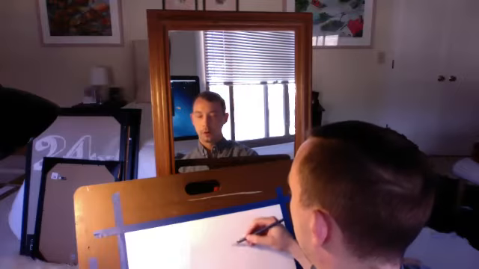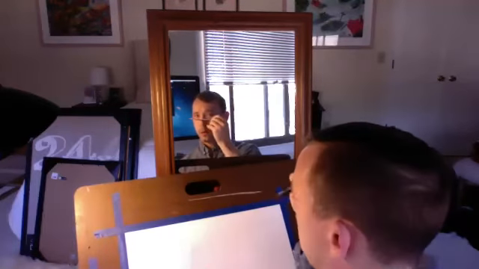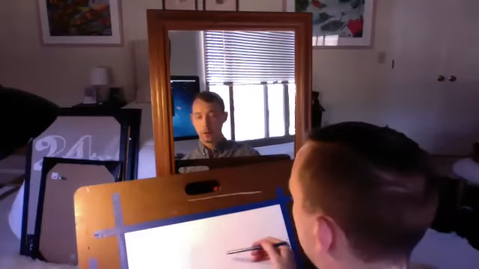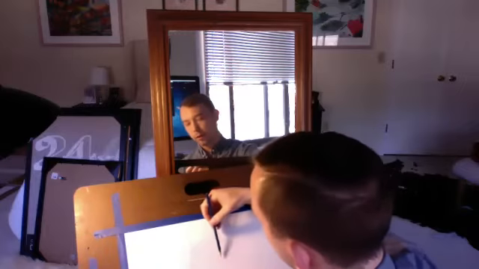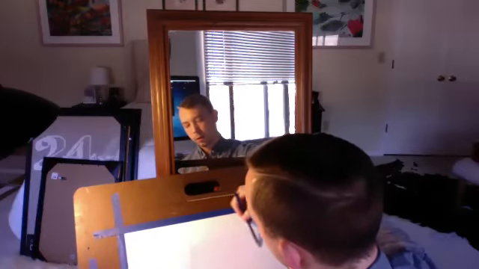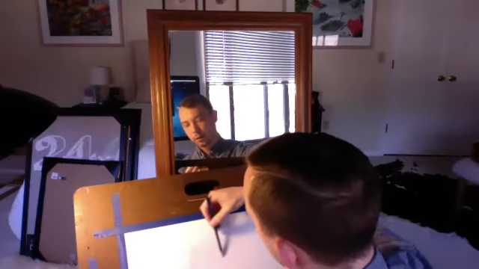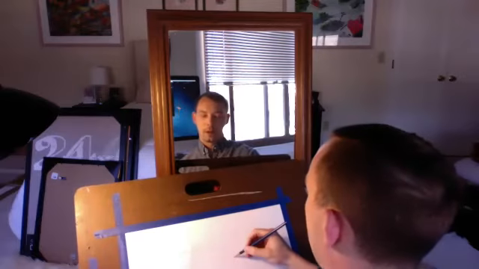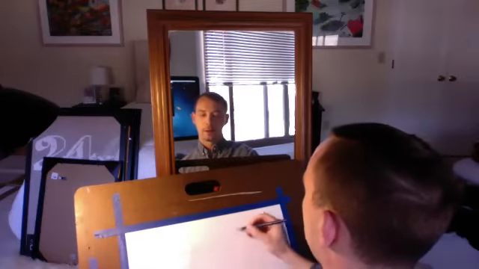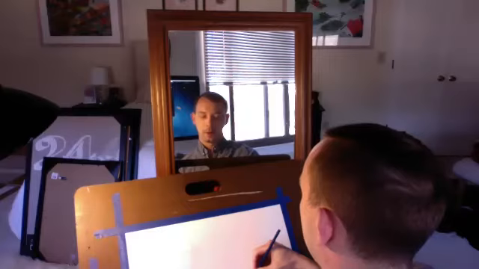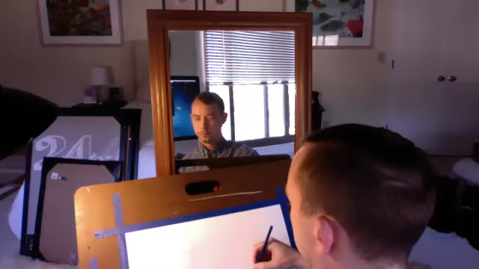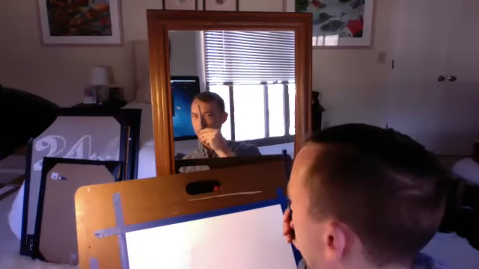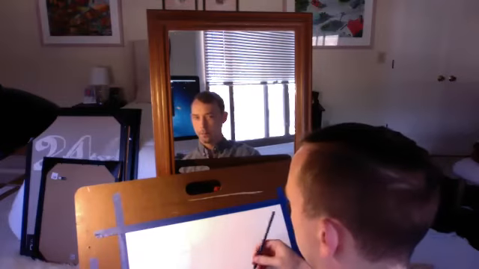So if you want to really simplify this, if you look at your eye line, if you wanted to make a horizontal line for your eye line, so that's my eye line, and I kind of just make this basic shape using that vertical line as the tip of my nose.